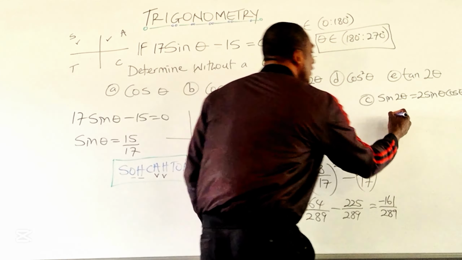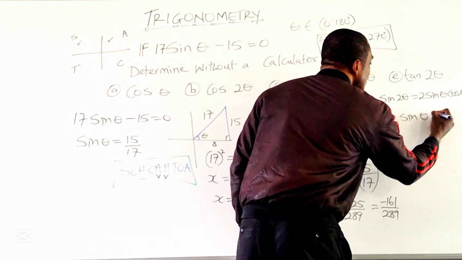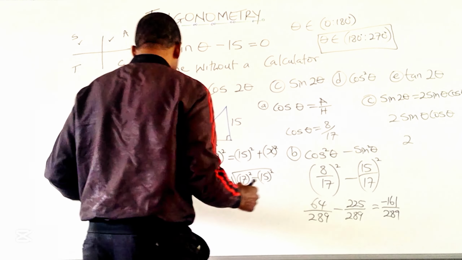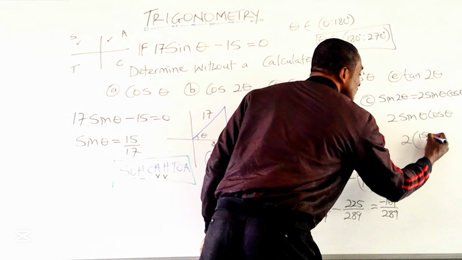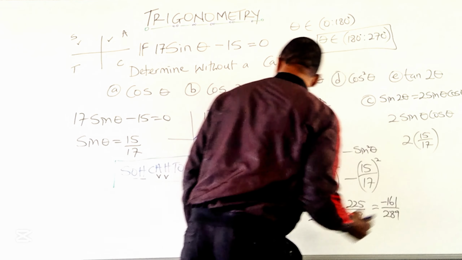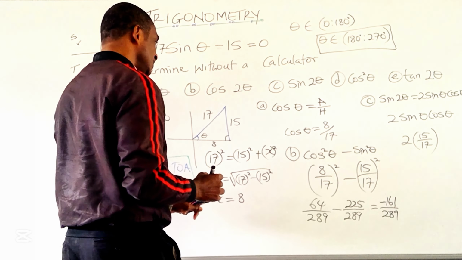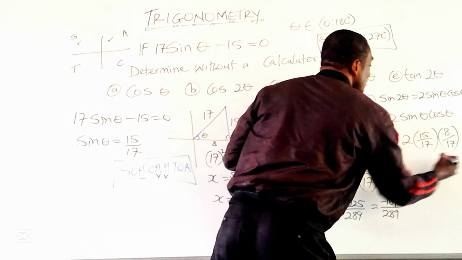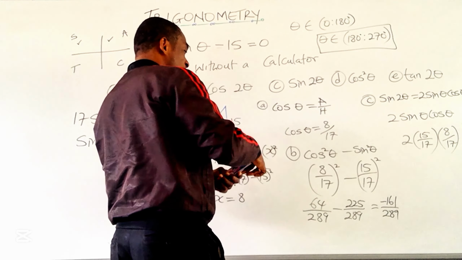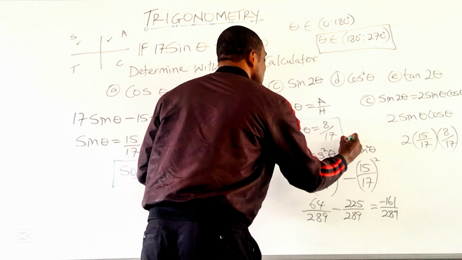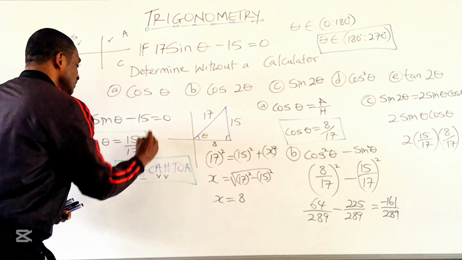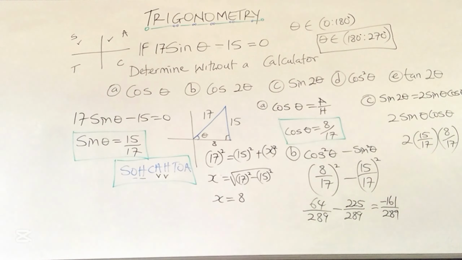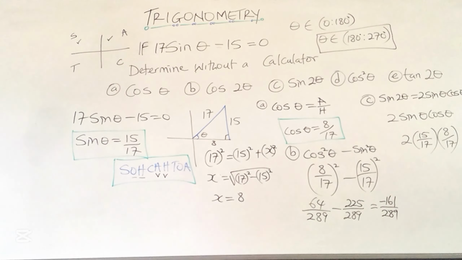Then, going forward, 2 sine theta cos theta will give us 2. Our sine theta is 15 over 17 and our cos theta is 8 over 17. So remember, we don't have to pick from our previous experiences. This is our sine of theta, and then we just plug it in. And let's see what it gives us.